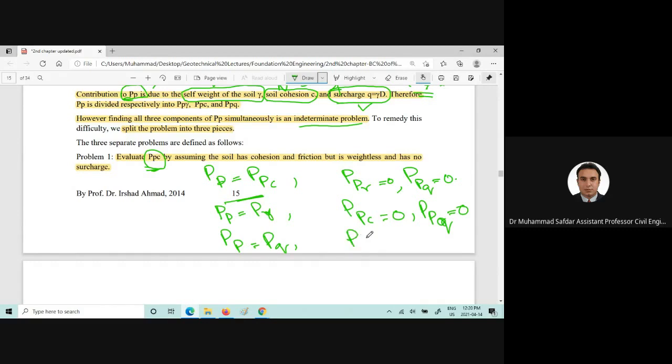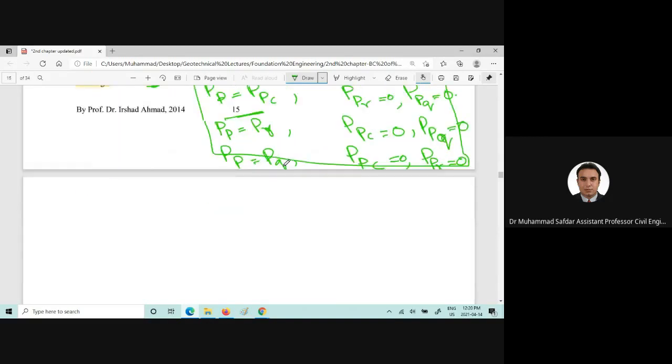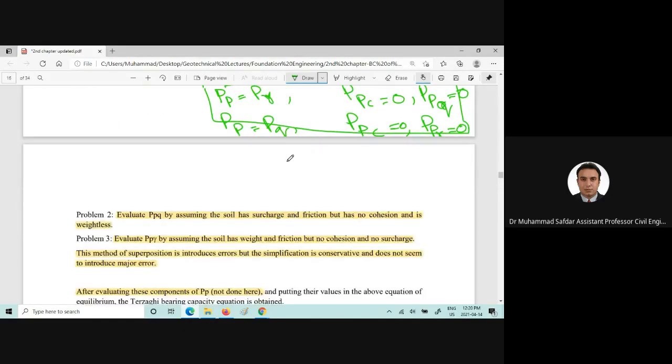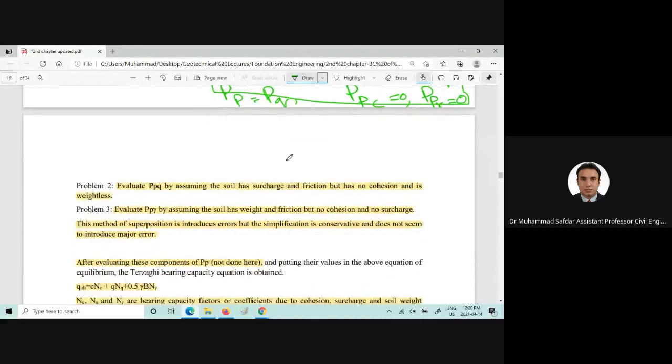Now that passive resistance which is occurring due to the cohesion equal to 0, and also due to the unit weight equal to 0. So these were the three scenarios which he used in further derivation of the ultimate bearing capacity of the soil for the C and phi condition. Okay.